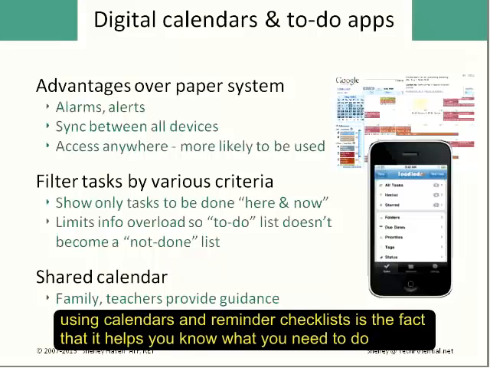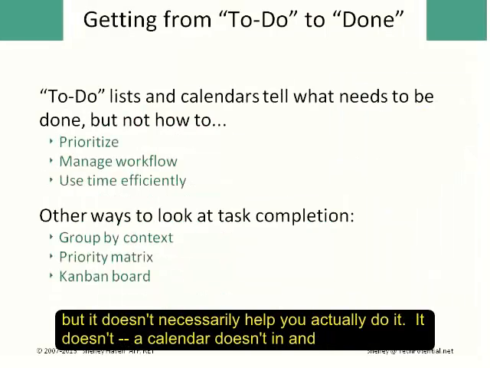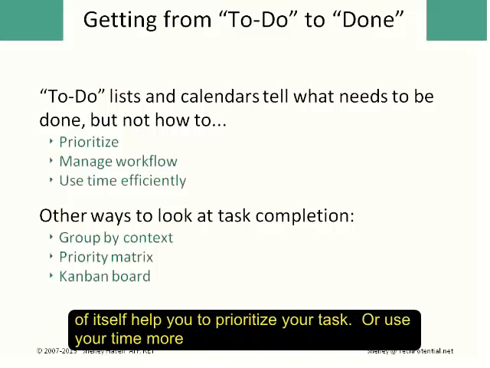But one of the disadvantages of just using calendars and reminder checklists, I'm going to go to the next slide, is the fact that it helps you know what you need to do, but it doesn't necessarily help you actually do it. A calendar doesn't in and of itself help you to prioritize your tasks. It doesn't manage your workflow or help you to use your time more effectively.